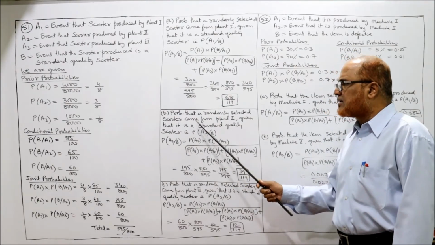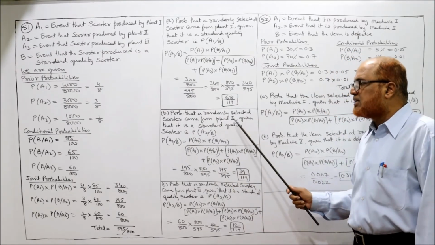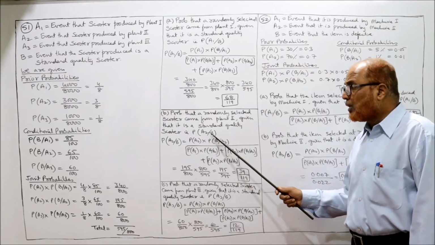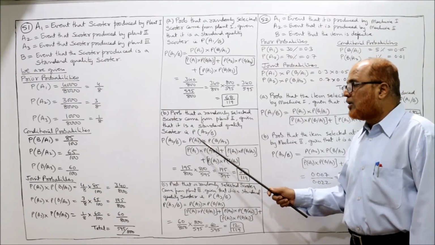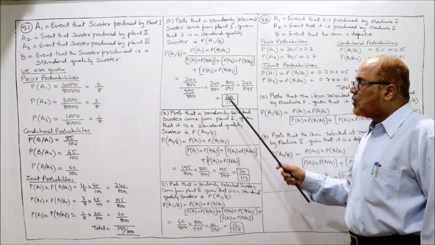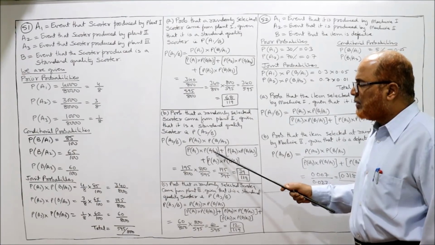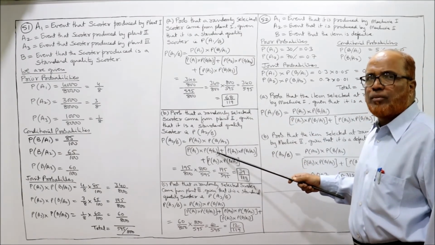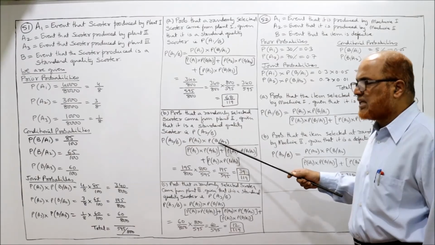Exactly the same way, second. The probability that a randomly selected scooter came from plant 2 given that it is a standard quality scooter is P of A2 given B. So P of A2 into P of B given A2 divided by the total of the joint probability. The denominator remains the same; the denominator does not change, only the numerator changes.